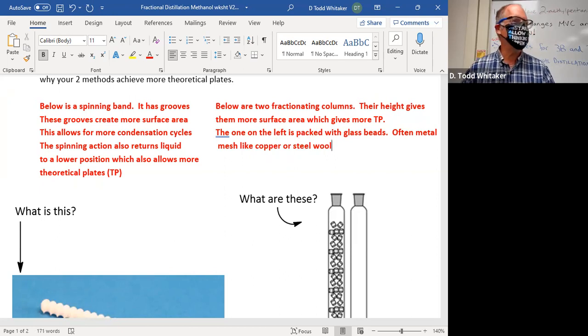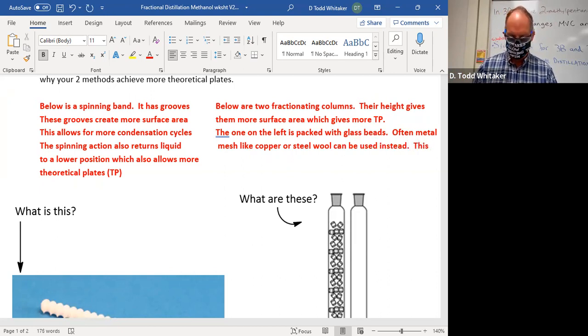I don't even know if anybody knows that expression anymore, steel wool. You can buy it, like a scrubbing pad. Yeah, okay, still use it. Okay, cool. Often metal mesh like copper or steel wool can be used instead.